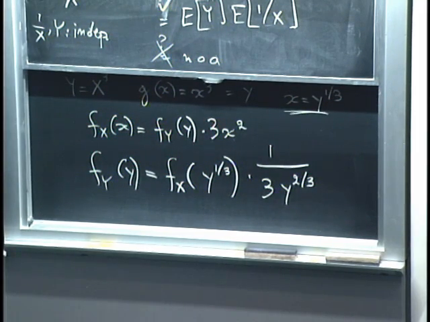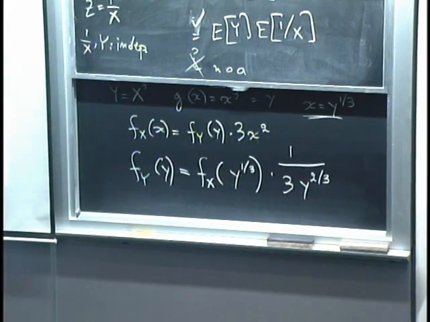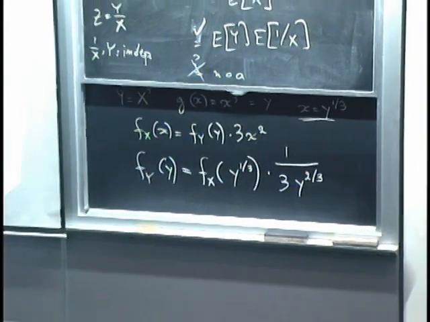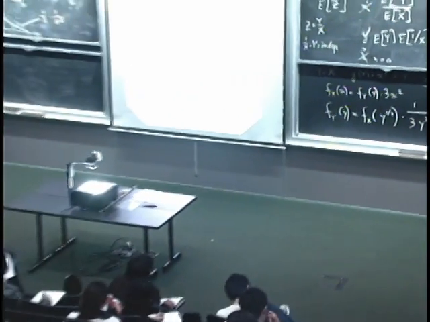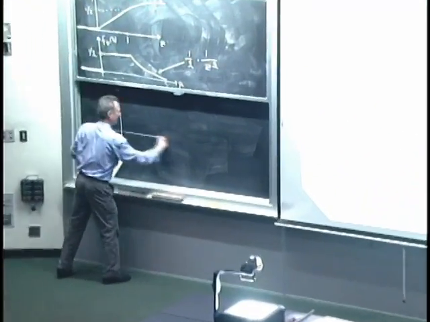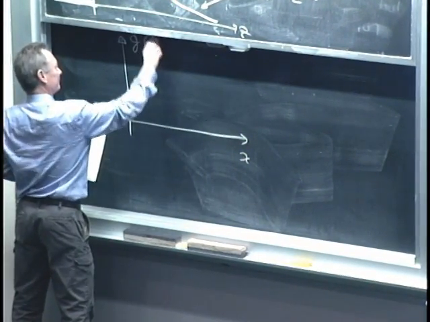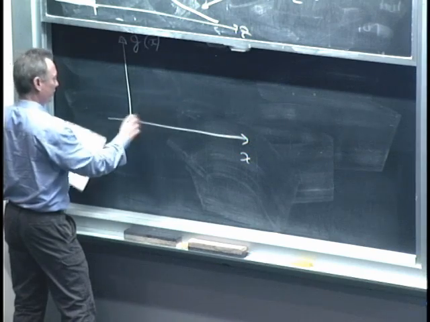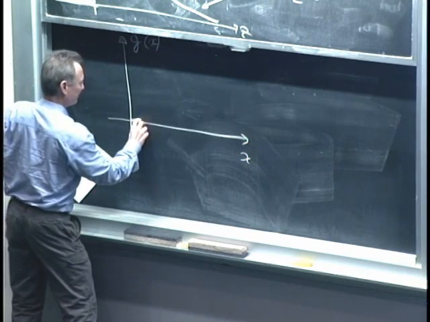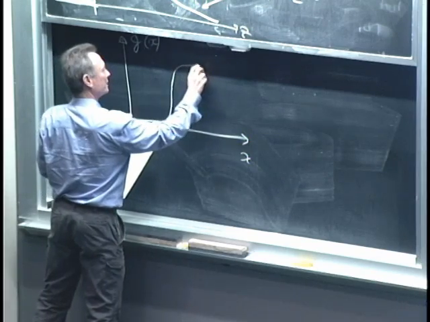Just to get a little more insight as to why the slope comes in. Suppose that we have a function like this one. So the function is sort of flat, and then moves quickly, and then becomes flat again.